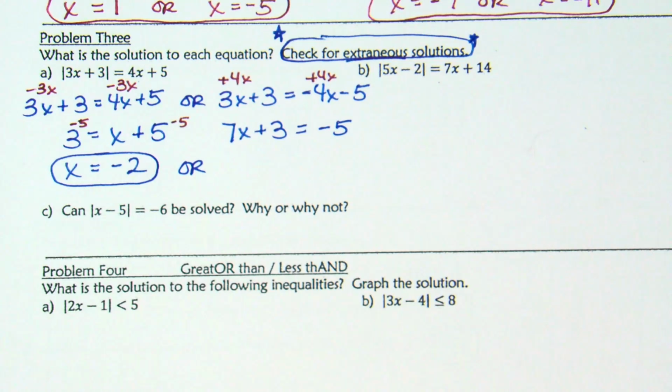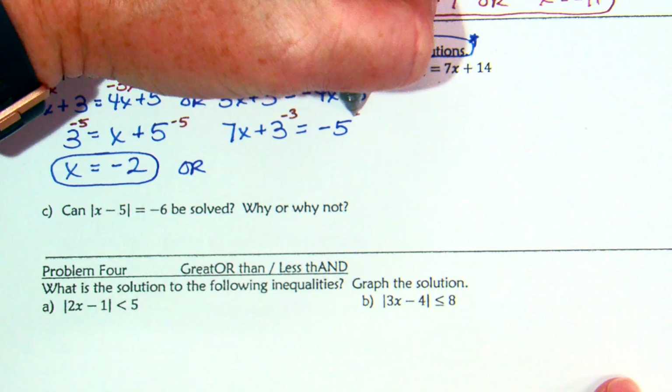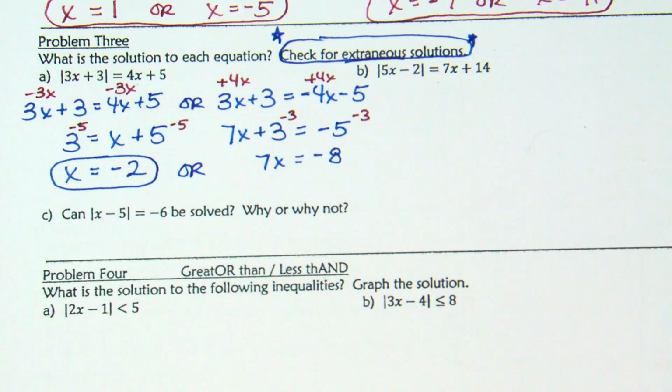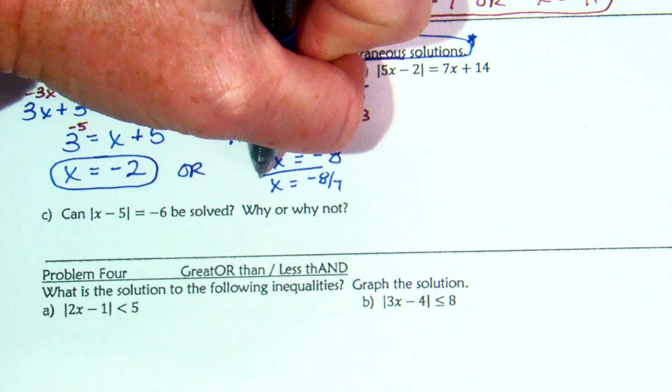What do I do next? Yeah, minus the 3. The 3's cancel. 7x equals negative 5 minus 3, negative 8. Divide by 7, and we have an answer of negative 8 over 7.